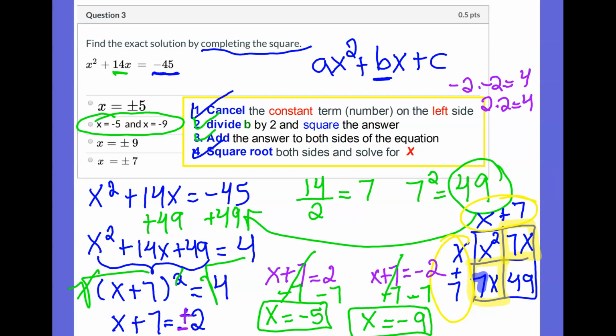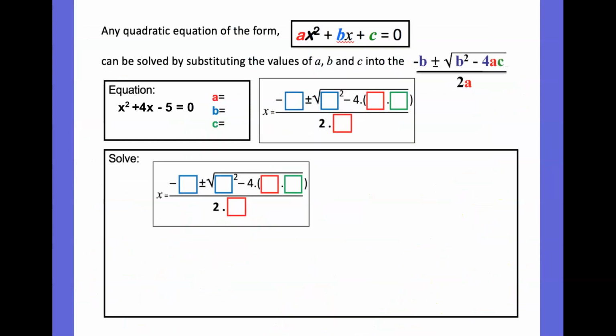So let's check the next problem. For the next problem, we will have to use the quadratic formula. When you use the quadratic formula, you need to remember that the quadratic equation is written in the form of ax squared plus bx plus c. You will need a, you will need b, and you will need c.